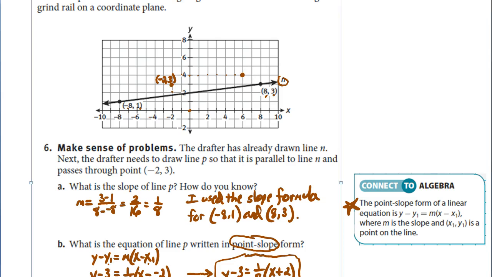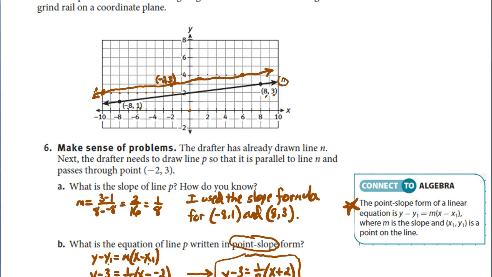Similarly, I can go down 1 and left 8. 1, 2, 3, 4, 5, 6, 7, 8. The reason for doing that is because if I have more dots, I can create a better parallel line that's more accurate. Here is line P. It's parallel to line N.